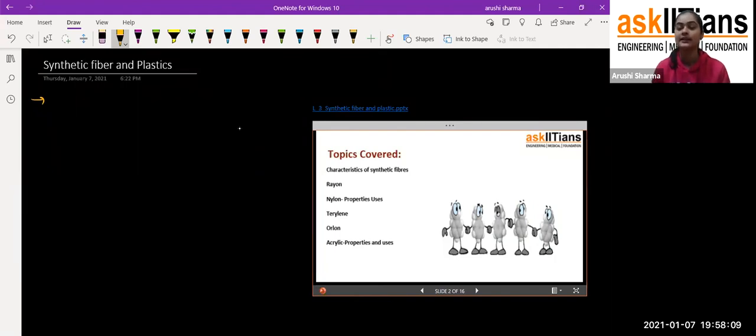In the last session, we discussed that fibers are of two types: one is natural and one is synthetic. Now, in synthetic fibers, we are going to study some different types. Synthetic fibers are man-made fibers.